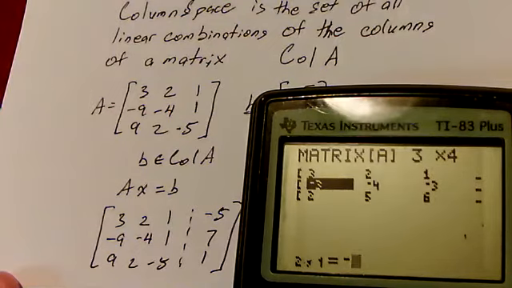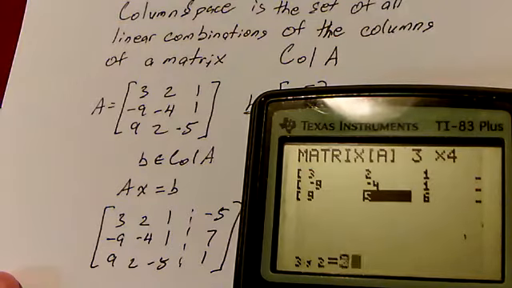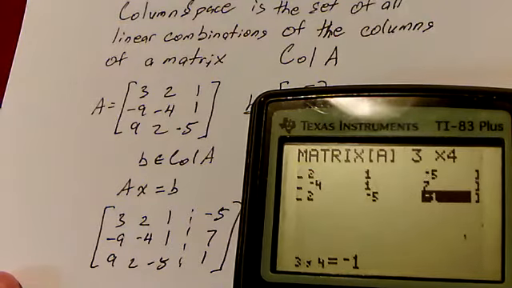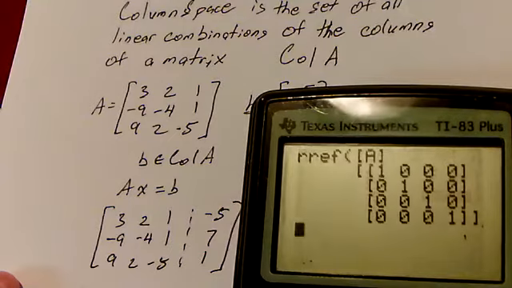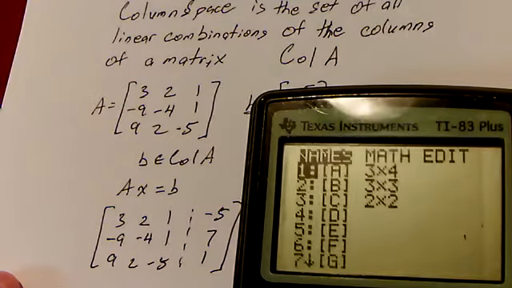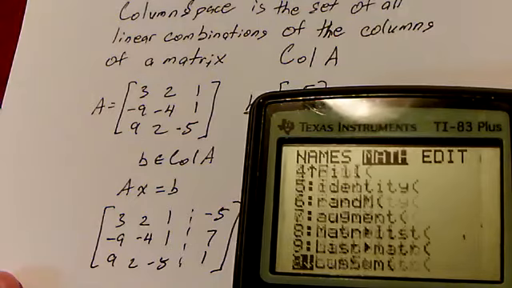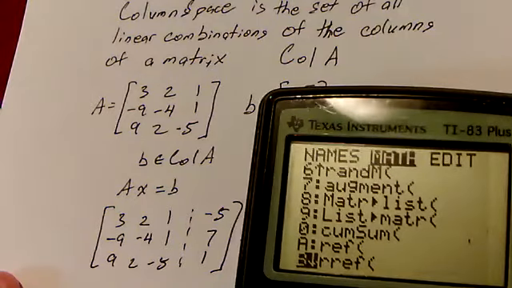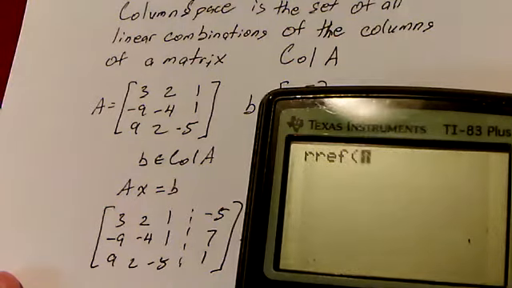Second row, -9, -4, 1, and 7. Third row, 9, 2, -5, and 1. Go back to our main screen. We're going to go to matrix, math. We're going to go down or up to get to RREF, or reduced row echelon form.